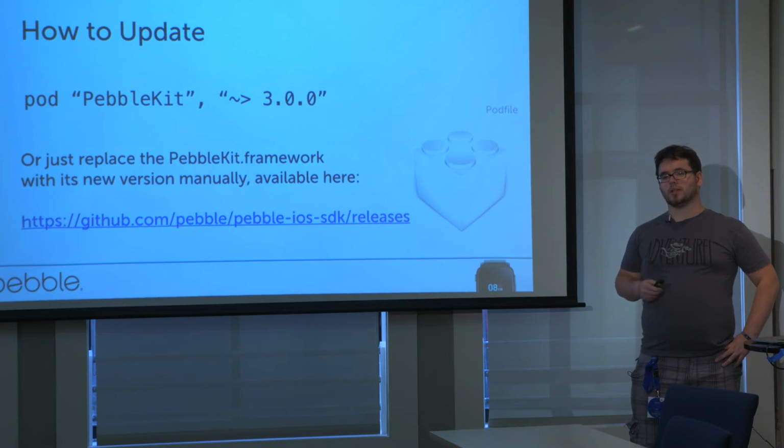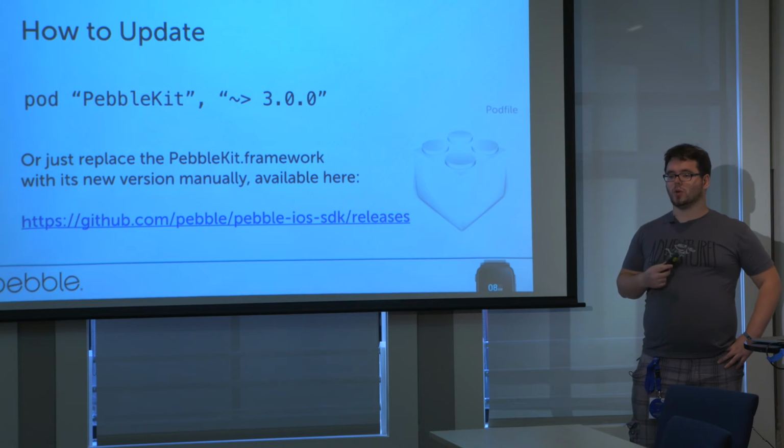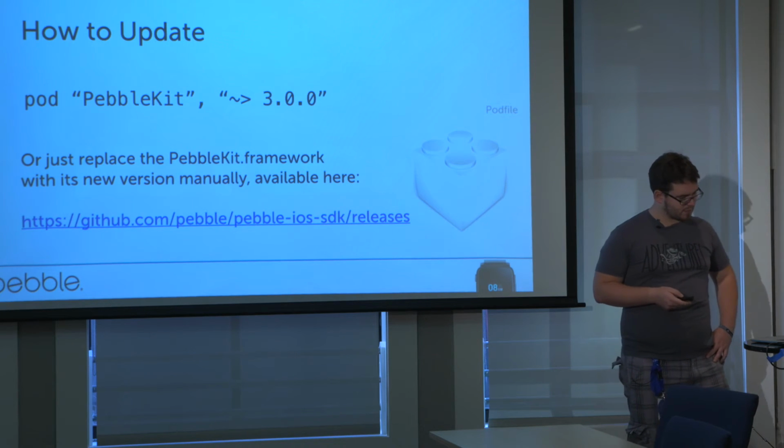However, I would recommend to still add this, and you actually need to, because otherwise you won't be able to talk to watches which don't talk via LE to your app, like the original Pebble or Pebble Steel.